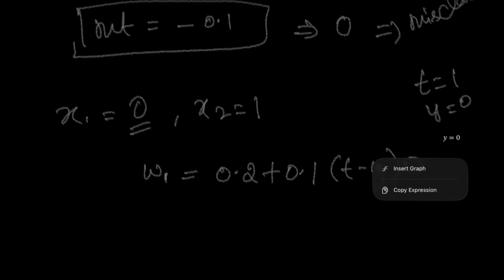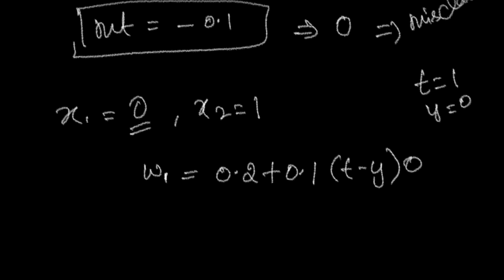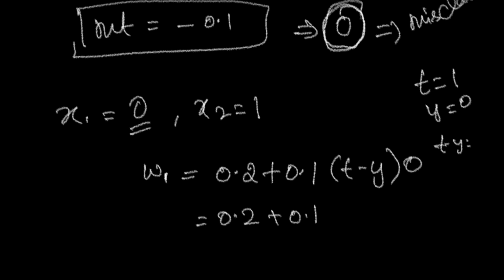Clear? Because we already have the misclassified value y as 0 from the previous iteration, we can take it as it is, and t equals 1. Because if I make t as 0, then the whole parameter will be 0. So for the safer side, I'll keep t equals 1 and check whether it correctly classifies the given data or not. So 0.2 plus 0.1. If I do t minus y, then t minus y is 1 minus 0, which is 1.